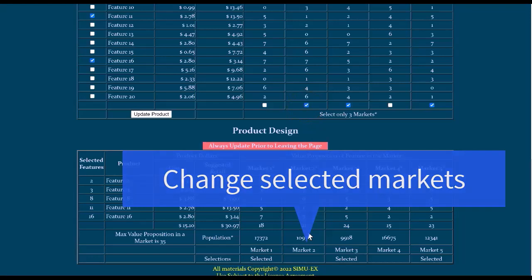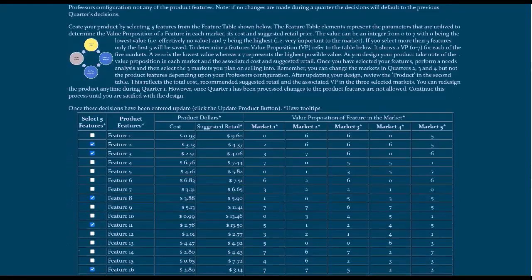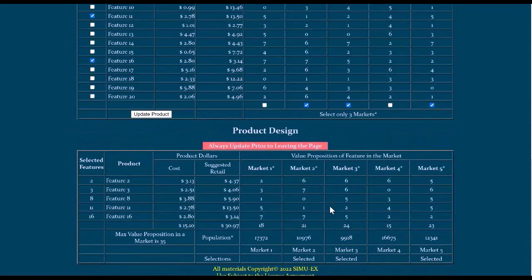Why? Well, if you notice, here is the value proposition. So by changing from market 1 to market 2, we update the product. We now come down and we can see we're selling in the 3 markets where we have the highest value proposition.